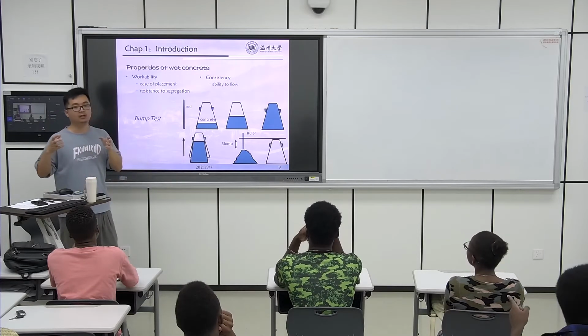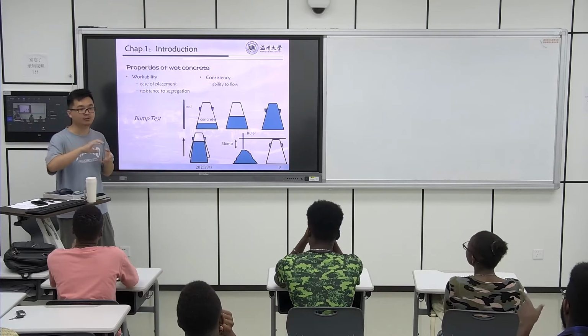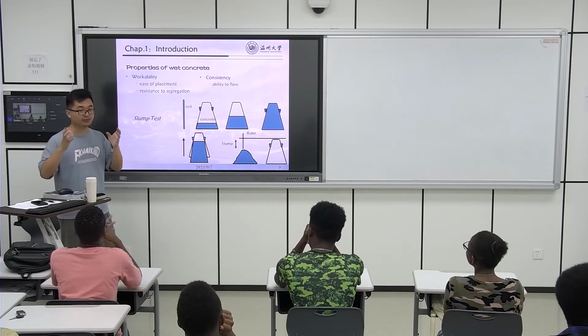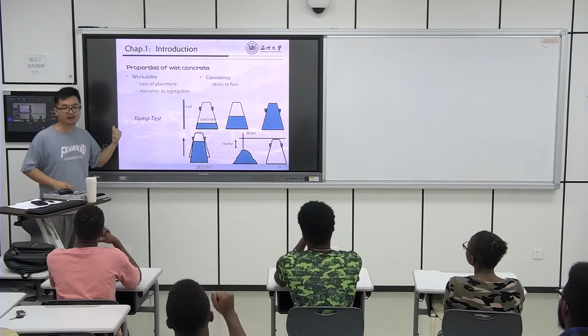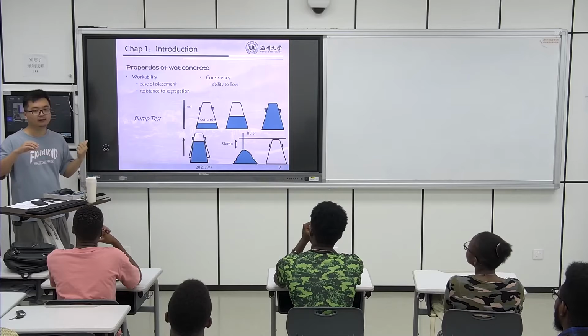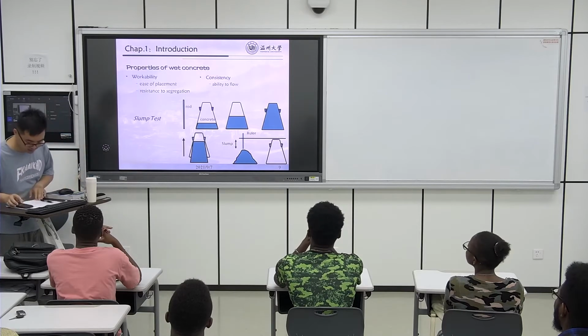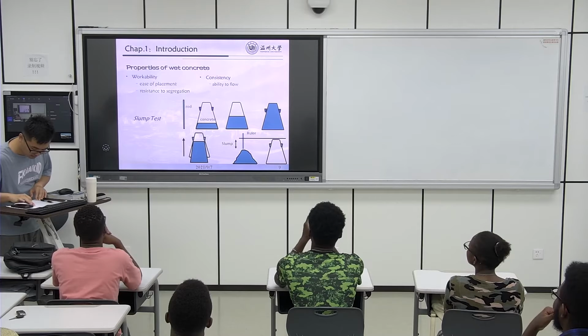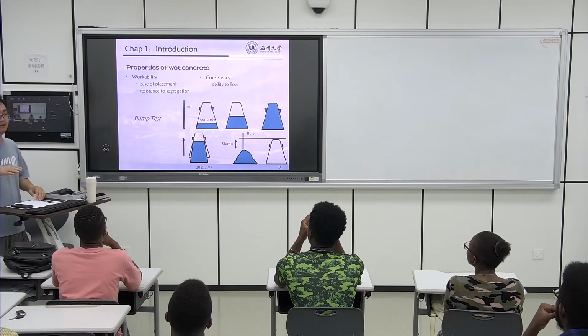If we have a sheet and pour the concrete in this sheet, it will take the shape of the sheet. And here is a test I want to introduce to measure this.